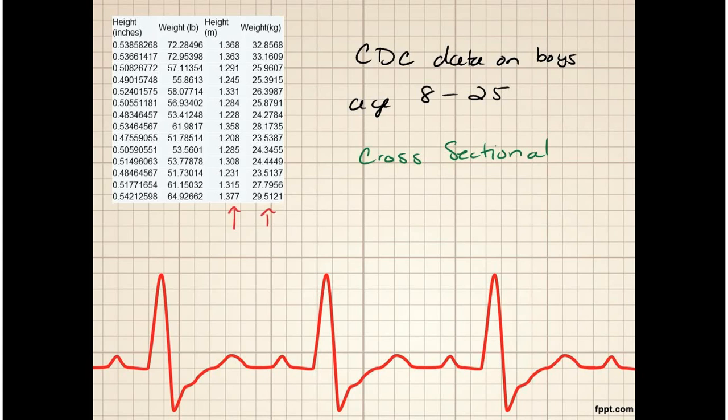So again, I just wanted to point out that these are the two variables that I'm going to be using, and when we say weight divided by height squared, we're talking weight in kilograms divided by height in meters squared. Now, why do we take weight divided by height squared? Well, if someone's very tall, you would expect their weight to be pretty high compared to someone who's very short.